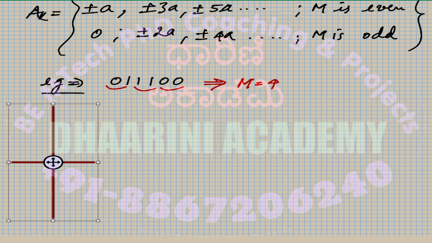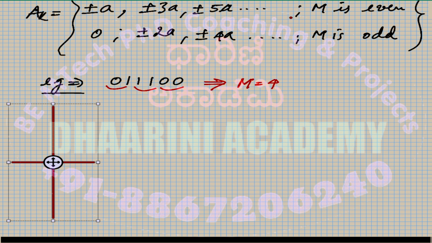Okay, so then this will change, right? Just pick up so many levels depending on whether M is even or M is odd. So for example, if I get 6 different levels, then I should use these 6 levels, correct?